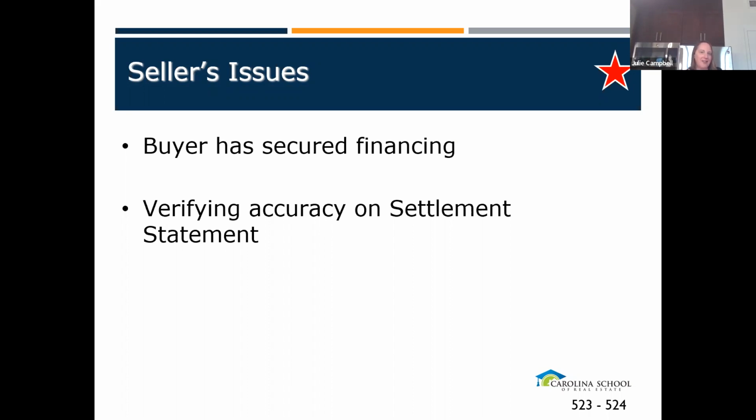Buyer's agents, the big part of your job comes in once we have a contract. So you need to ask yourself what hat you're wearing. Are you working with a buyer or seller or both and getting both of them through that transaction?